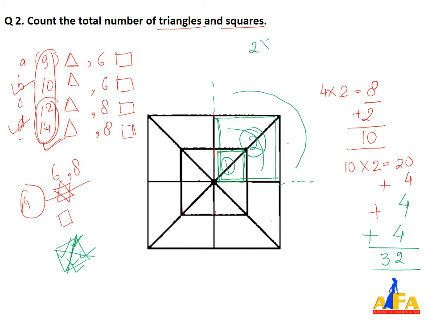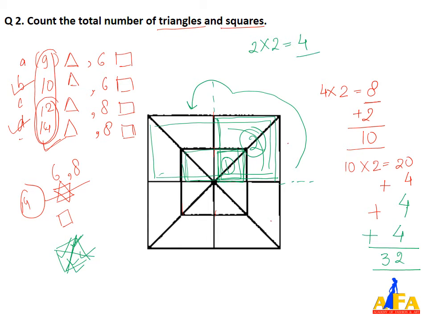So 2 into 2 becomes 4. We can see that there is no common square, there is a common rectangle but no common square, so we have no option of adding any square.